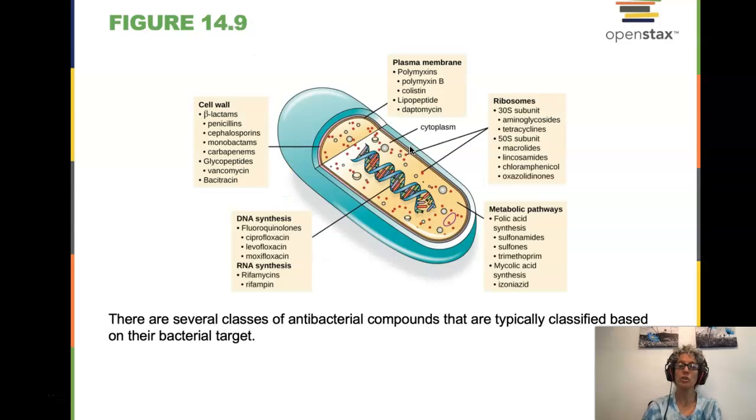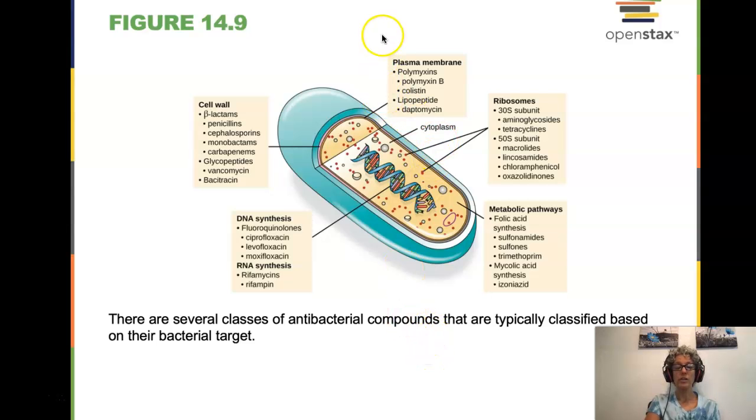This little cartoon is showing a generic prokaryotic cell, and each of those yellow boxes indicates a target for antibacterial compounds. And antibiotics are against bacteria. An antibiotic won't work against a virus or a fungus or a worm. It will work against bacteria.